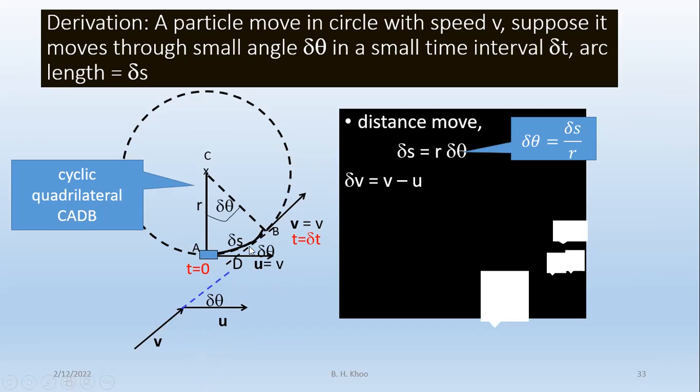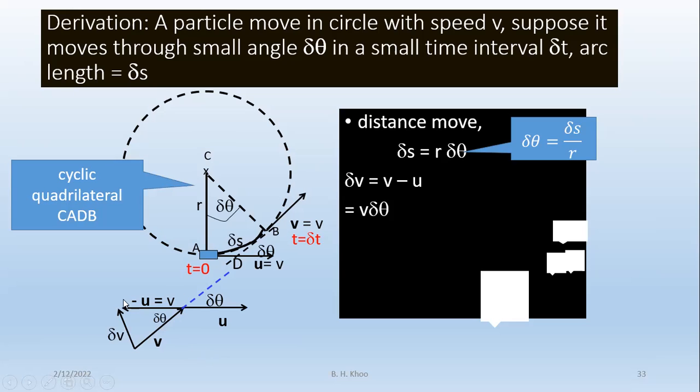This angle, delta theta, equals this angle, delta theta. So minus U is just opposite. Remember, the speed doesn't change, only direction changes. So the resultant, delta V, a vector quantity, is here. This delta theta, this is also delta theta, vertically opposite angle.